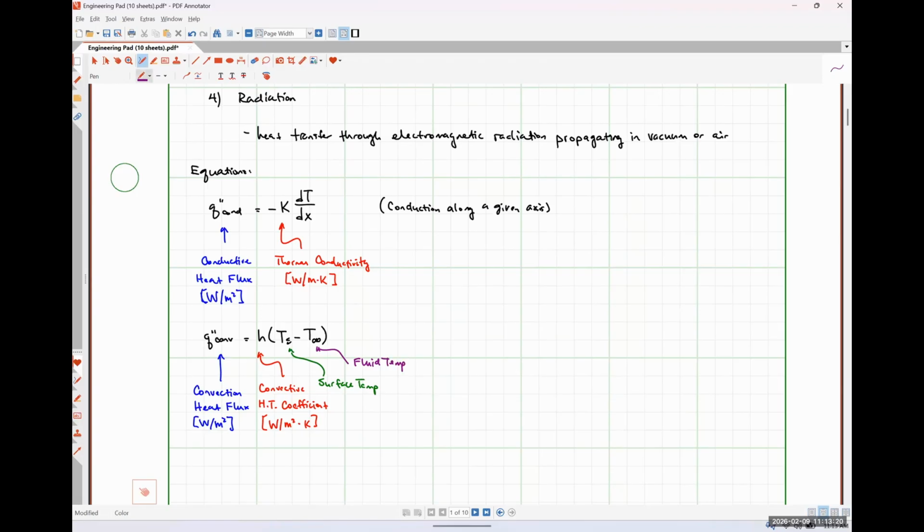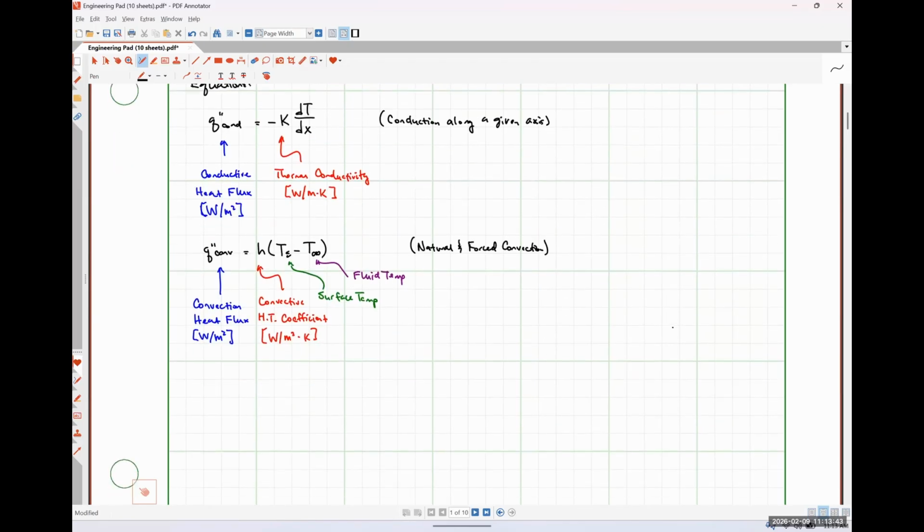And this equation is for natural and forced convection, where the only real difference in these cases is the value for each. So putting together a little table here.